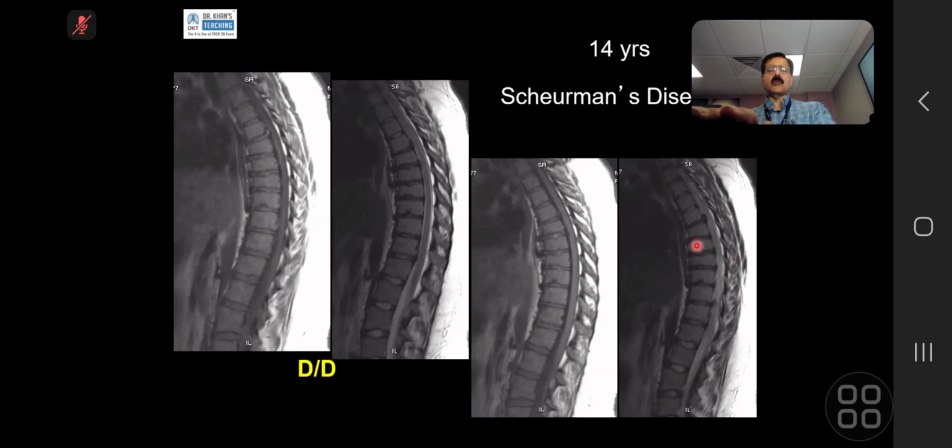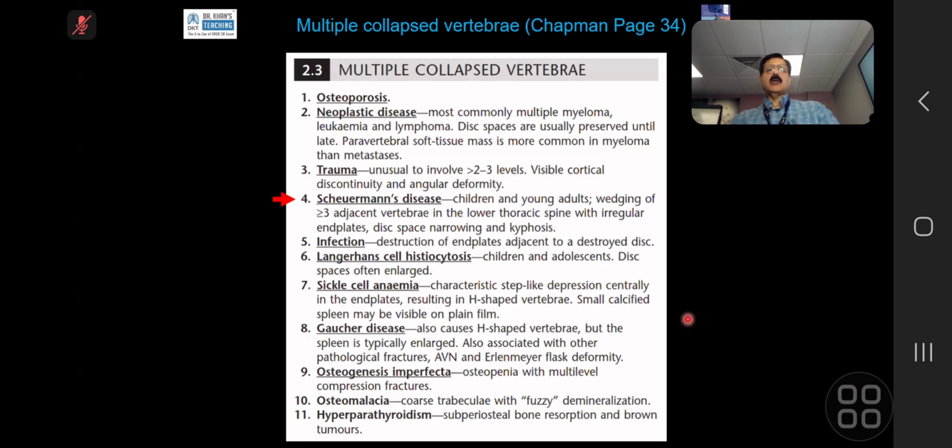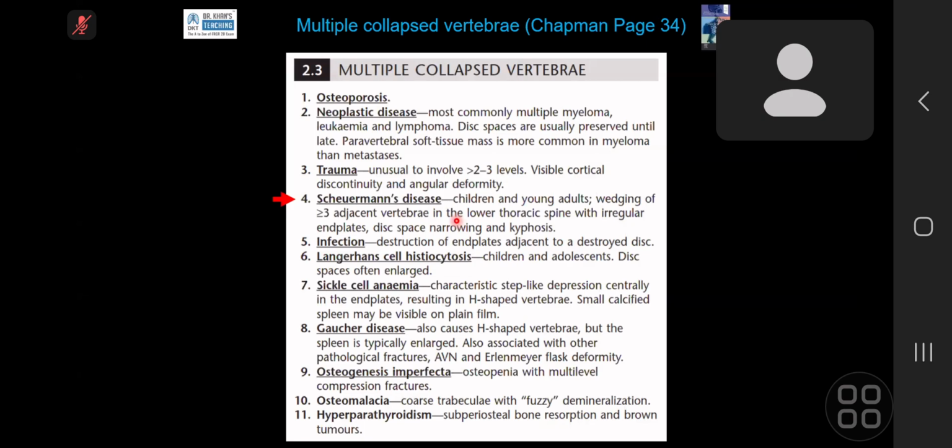So this is Scheuermann's disease, and more than 3 vertebral bodies, by definition. This is from your book: multiple collapsed vertebrae, Scheuermann's disease, children and young adults, wedging of more than 3 adjacent vertebrae in the lower thoracic spine with irregular end plates, disc narrowing, and kyphosis.